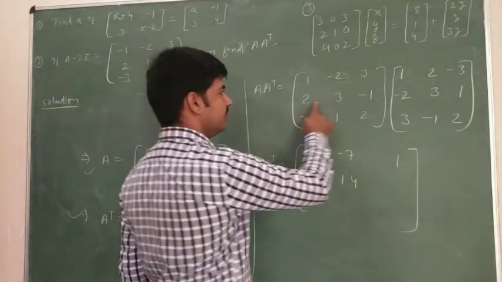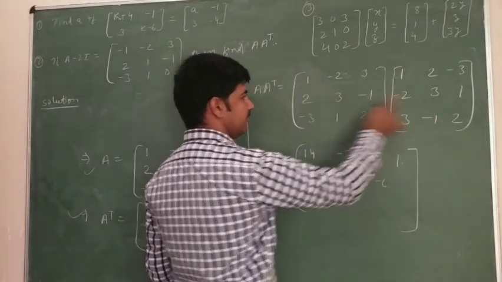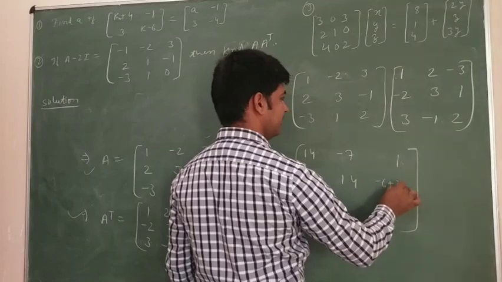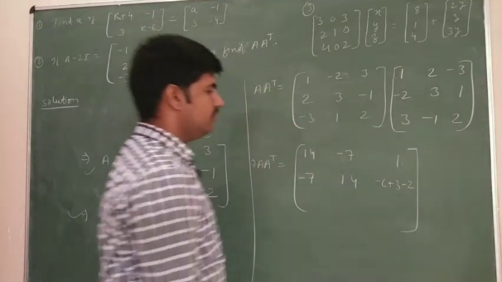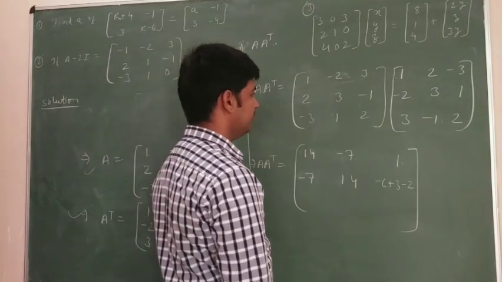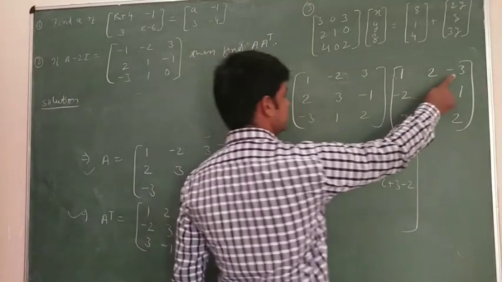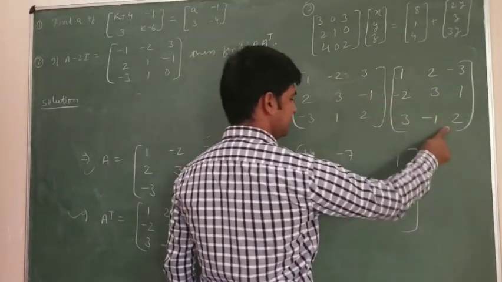Okay. Now minus 6 plus 3 and minus 2. What do we get, students? The element that we have got is minus 6 plus 3 and minus 2.